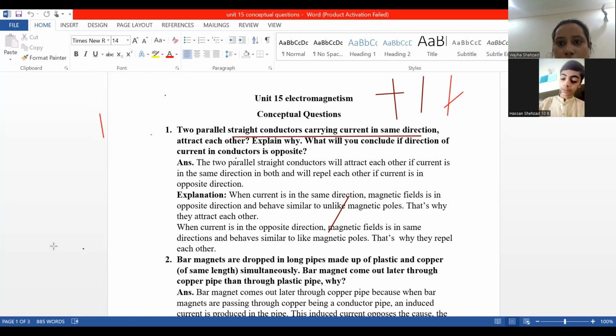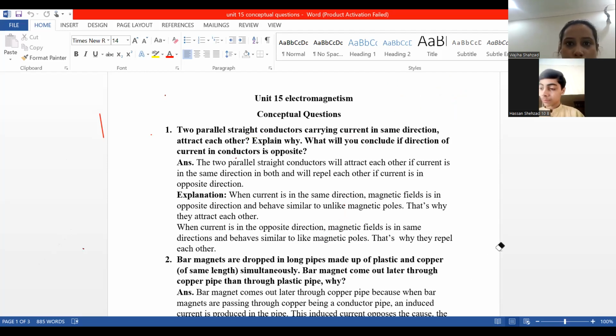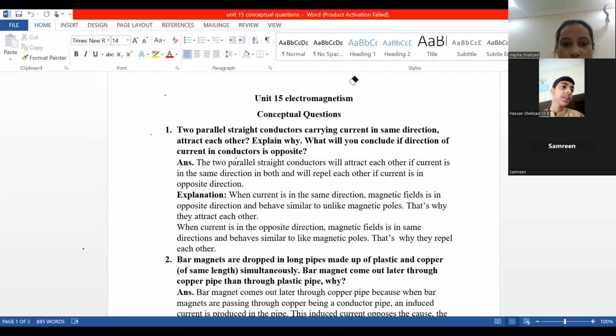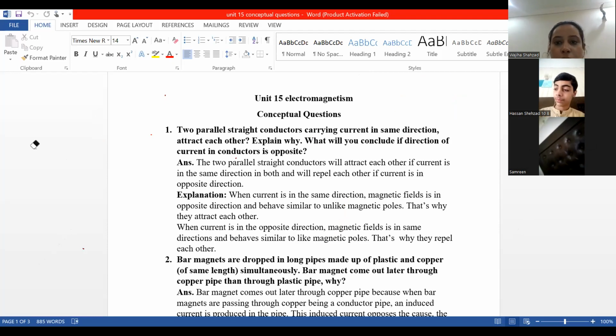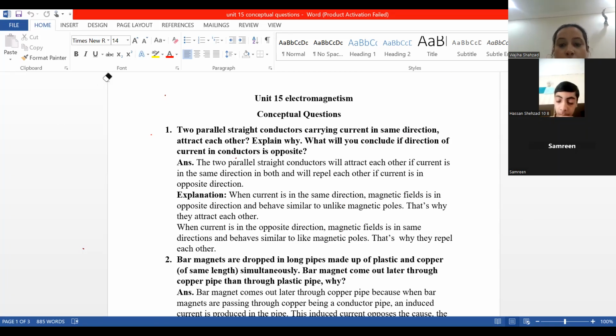Actually, I can't draw on this. So, right, if we have two conductors that are parallel to each other, the magnetic field that starts to develop around the conductors is in opposite direction.